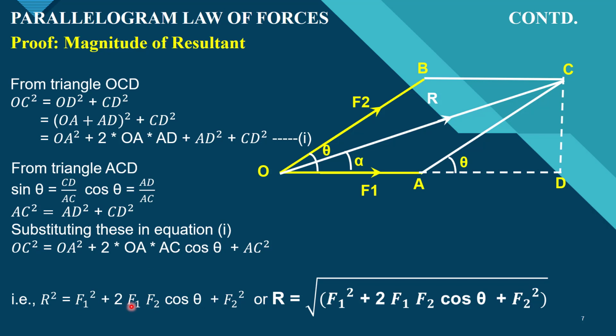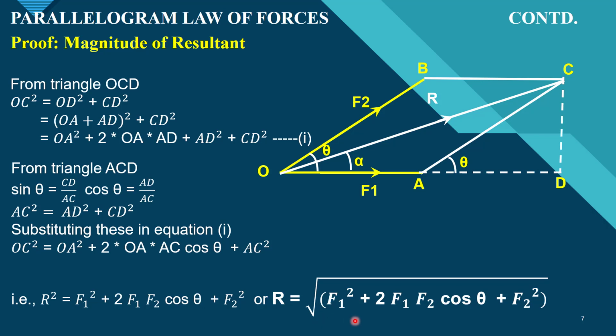So F1 square plus 2 F1 F2 cos theta plus F2 square. The magnitude of the resultant force can be calculated using the formula square root of F1 square plus 2 F1 F2 cos theta plus F2 square, where theta is the angle between F1 and F2. So this is the formula for finding out the magnitude of the resultant force.